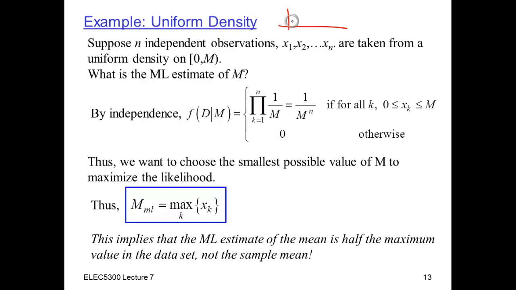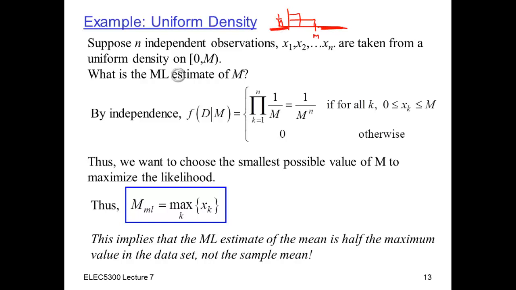Depending on what the value of m is, I get a different distribution, and in order for this to integrate to 1, the height has to be 1 over m. So for smaller values of m, I would get larger values of the distribution, and outside this range, of course, it's 0 here and 0 over there.